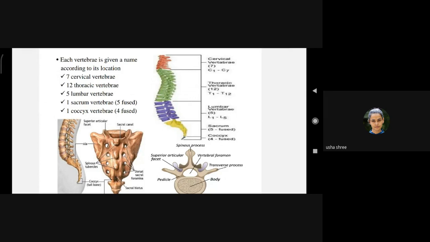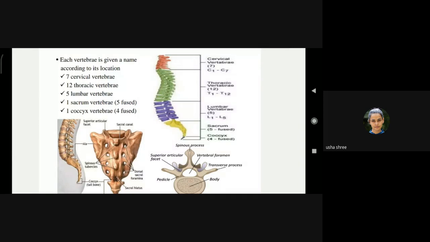And this sacrum is a bit fused. We have discussed the bones of children. The bones of children are 306 in number, but when they become adult, it becomes 206. Why? These vertebrae and skull bones become fused. So during childhood, vertebrae are separated, but when they grow up, these vertebrae fuse.